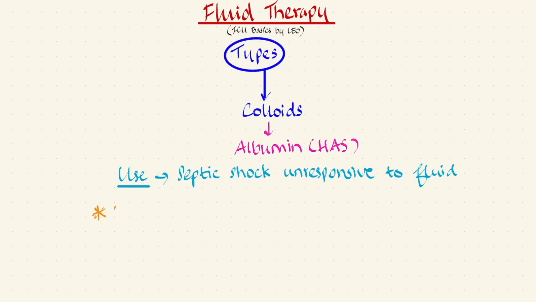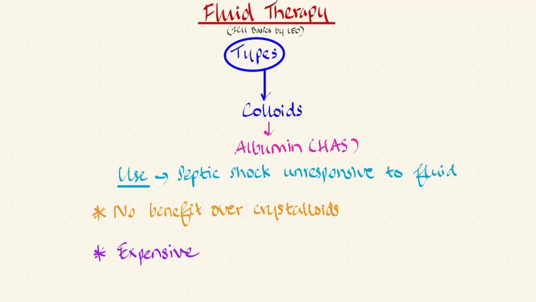However, recent studies suggest the morbidity and mortality benefit of albumin is not superior to that of crystalloids in septic patients, so it could not justify the expense of albumin.